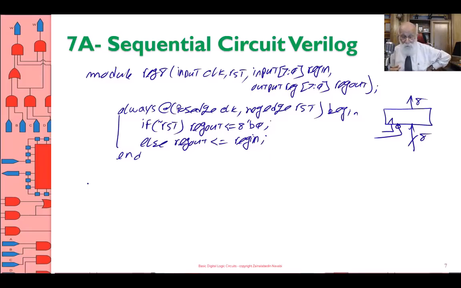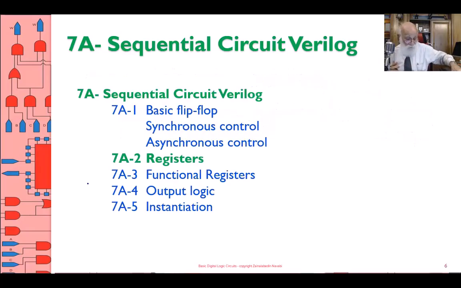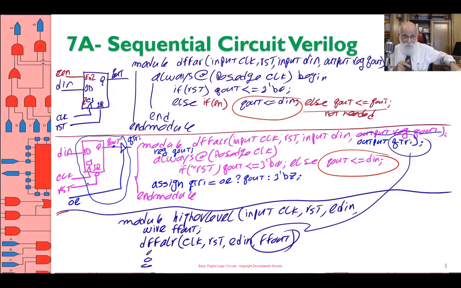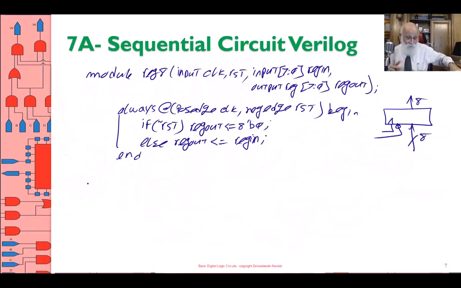Sometimes you may want to do something to the output of the flip-flop, or the register. Like here, I put tri-states on it. Maybe you are creating an extra output to tell you if the register output is 0.